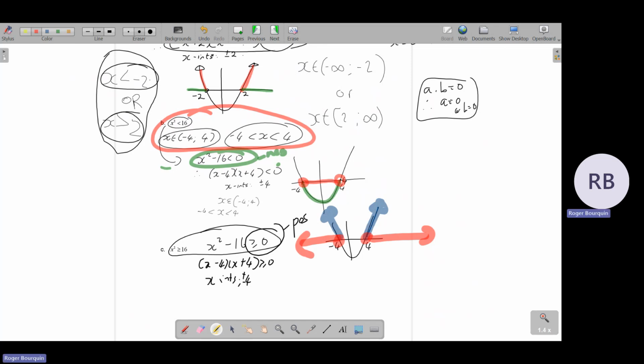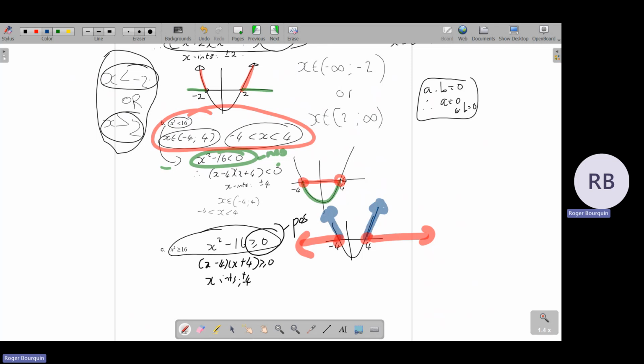Remember, bigger than is going to be two different answers on the parabola. Bigger than. Bigger than. Okay, right. So go write your final answer down. Tell me bigger than, everyone.